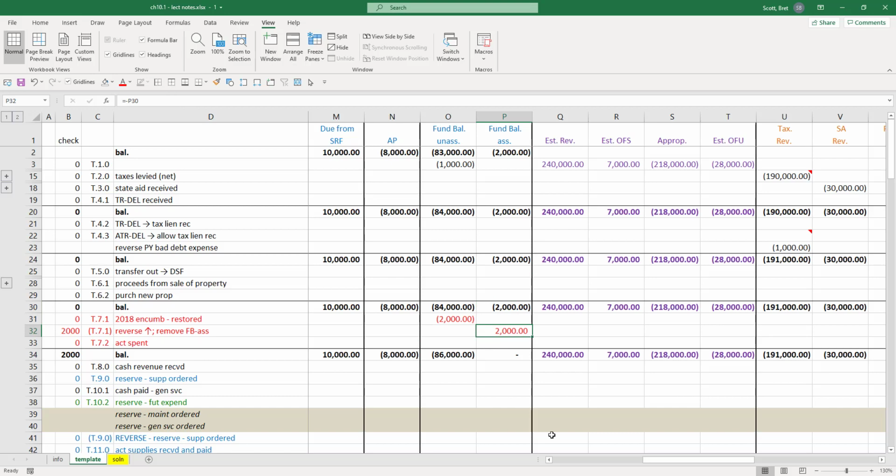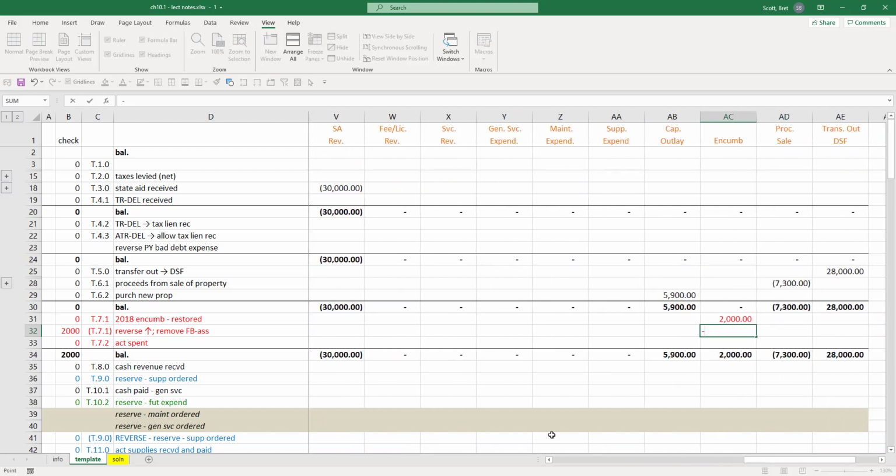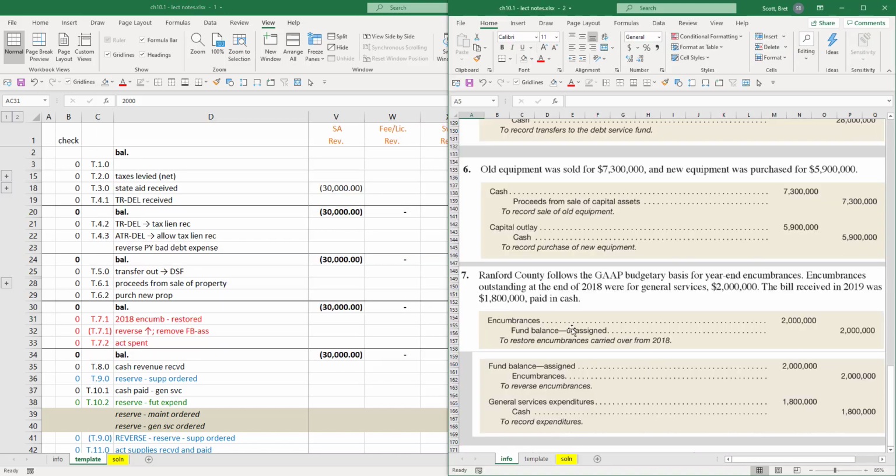And in doing so, what's the credit we use for that particular transaction? Well, it's essentially just netting out the encumbrances. It seems kind of tedious, but the idea is you've got several moving pieces here in and out. So let's take a look at the explanation they give us. The first one is to restore the encumbrances carried over from 2018.